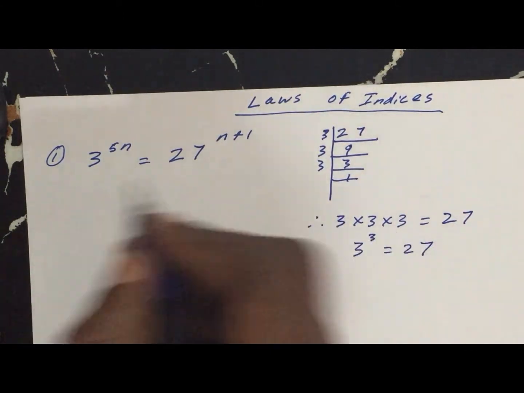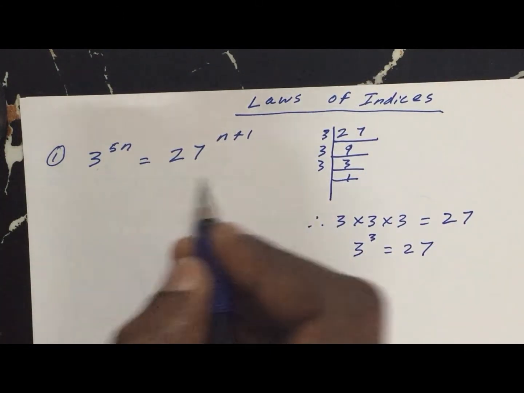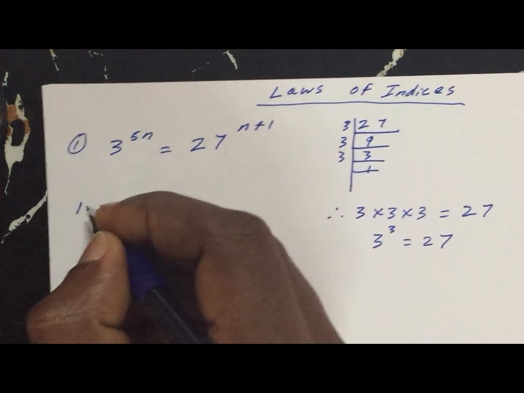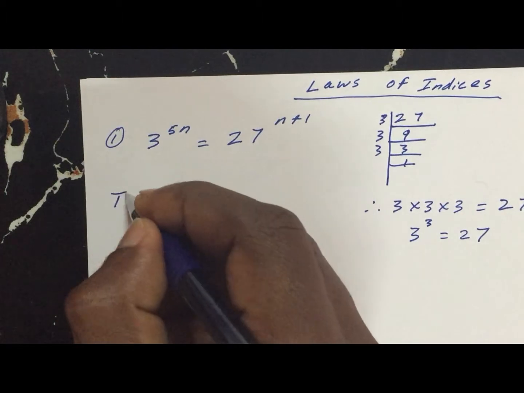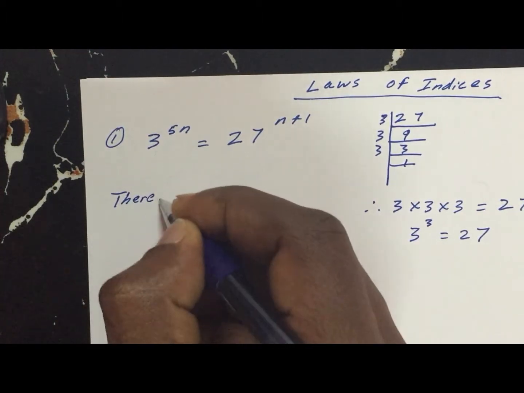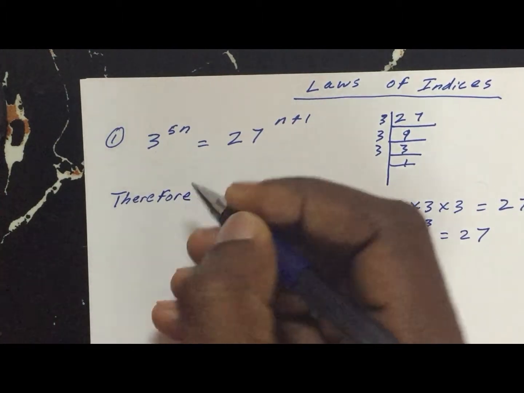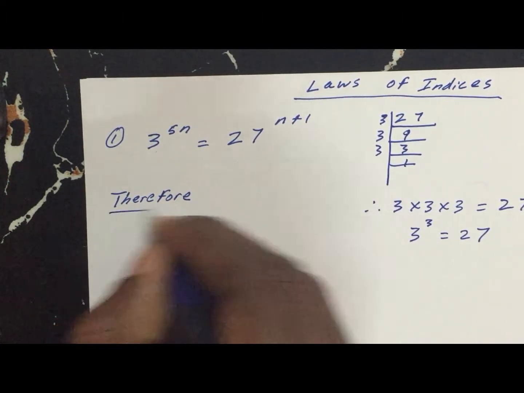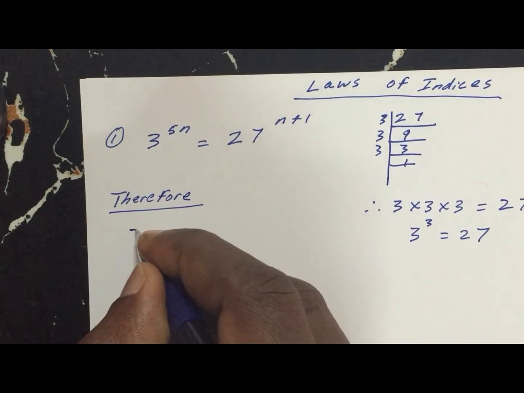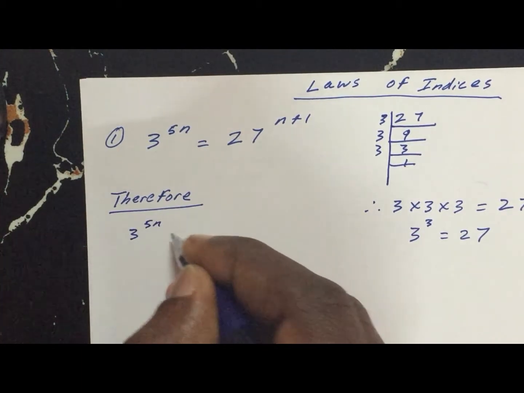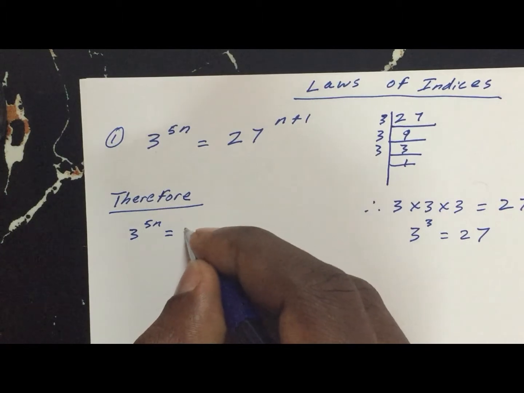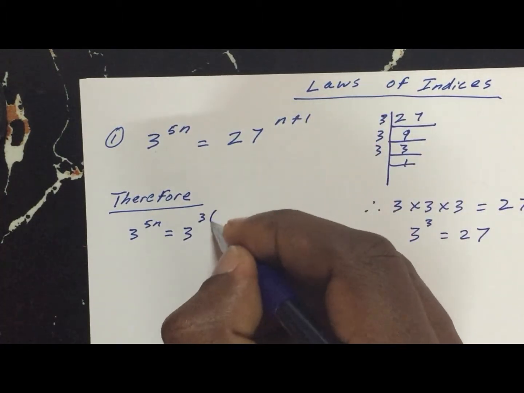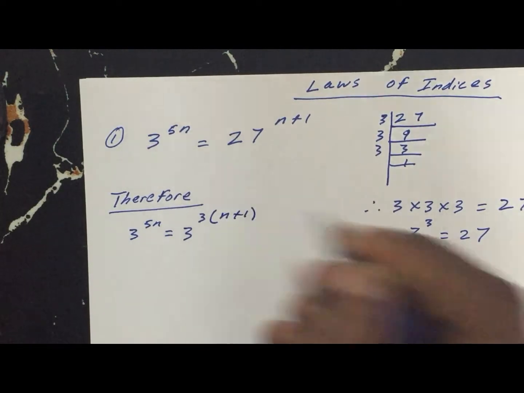So we can therefore go right ahead and substitute here. Therefore 3 to the 5n is equal to 3 to the third power, not forgetting this, times n plus 1.